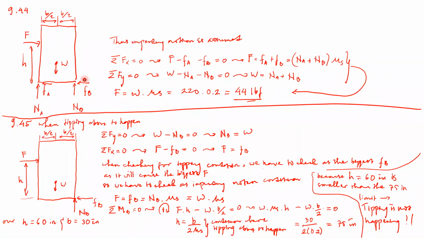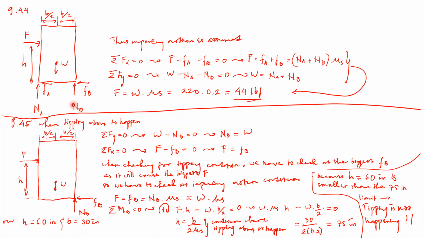Okay, normal force multiplied by mu s. So we know it already. Then we can solve for all the unknowns here. We have several unknowns. W is known, so W is not an unknown. F is an unknown. Normal force at point A is an unknown.